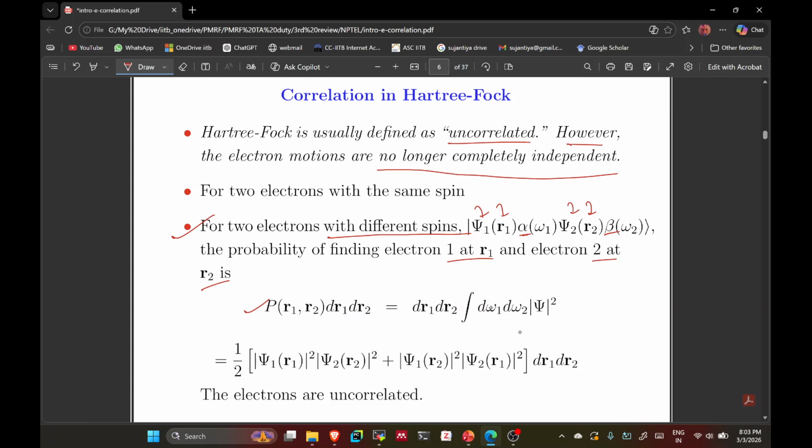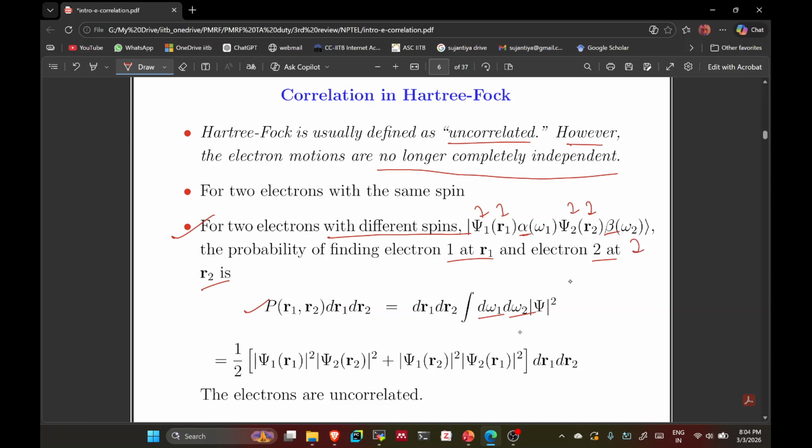You have to take the integration over d omega 1 and d omega 2. Now you take the psi squared, and with this alpha and beta, what will you actually have?